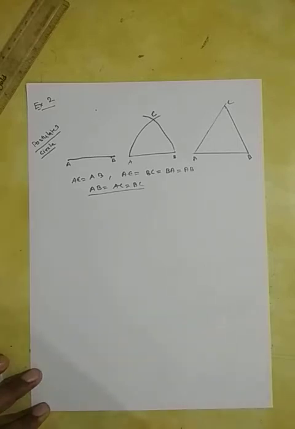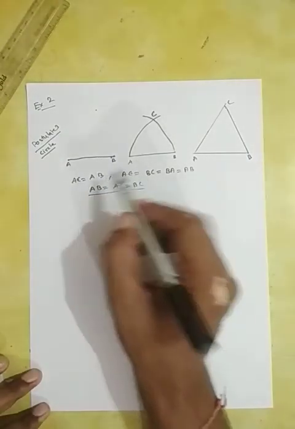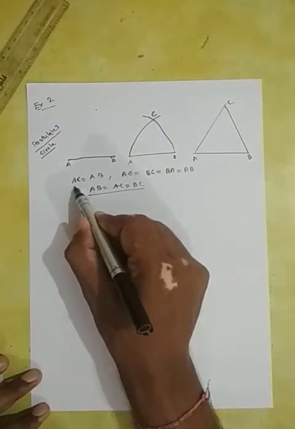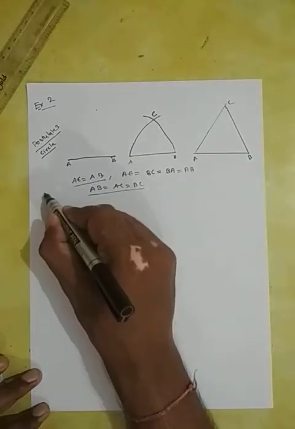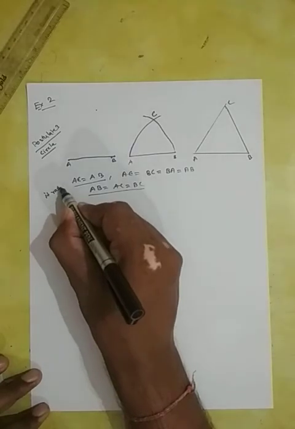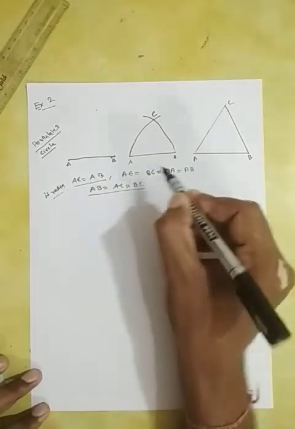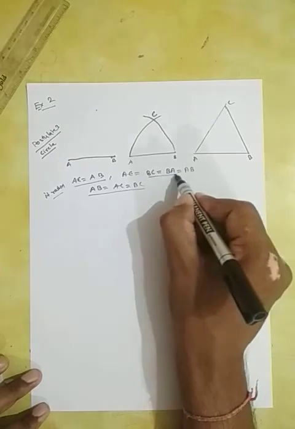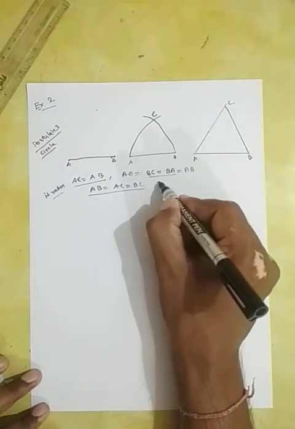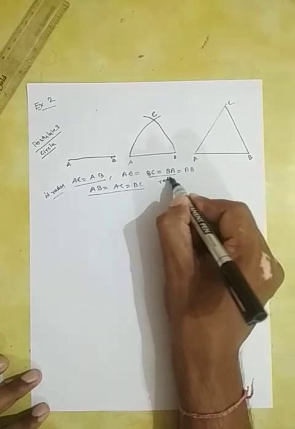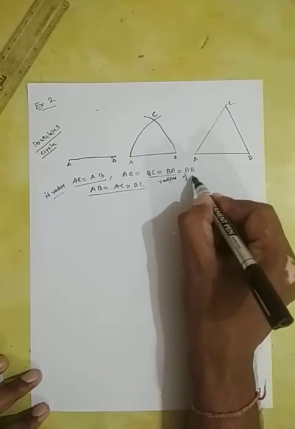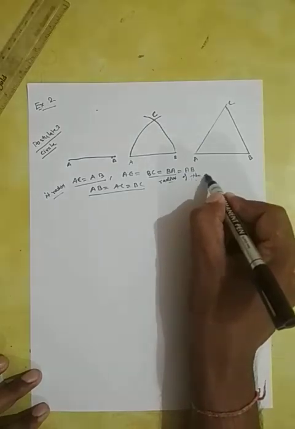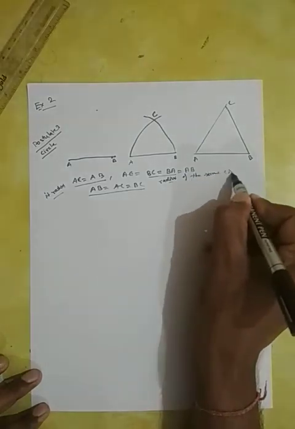So AC is equal to AB because it is a radius, and BC is equal to BA, also a radius, of the same circle.